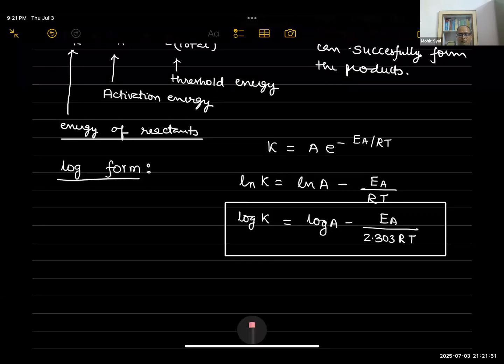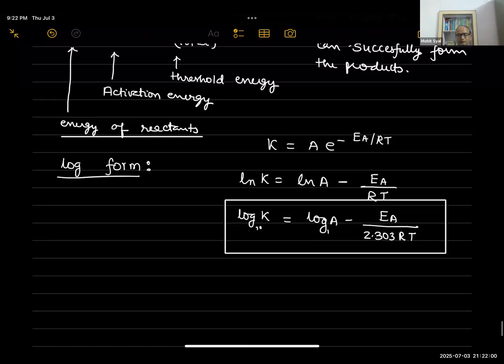So this is actually the overall equation. Is it clear or not? So this is log to the base 10. If they give you the pre-exponential factor, the activation energy and temperature, you can put the values here. Be careful about the units.